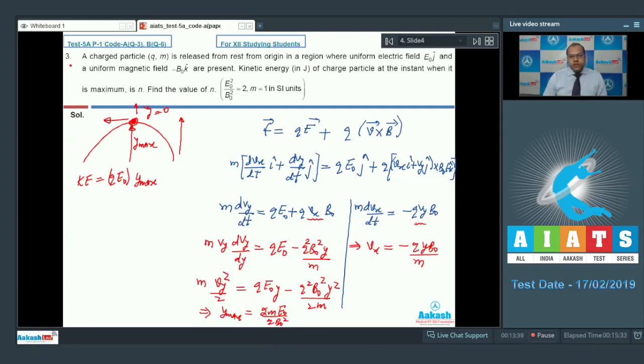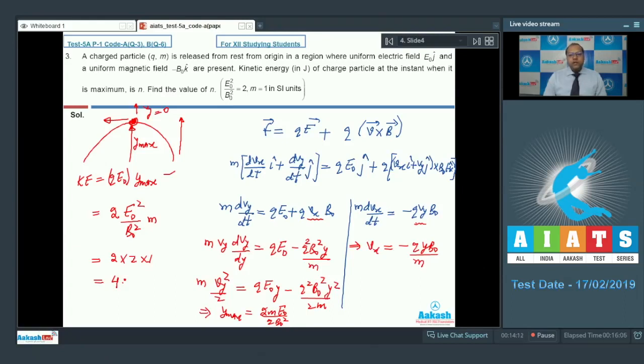If I substitute the maximum y coordinate here, I get the kinetic energy at that moment, which is equal to 2 into E0 square upon B0 square into m. If I substitute the data, this is equal to 2 into 2 into 1, so it comes out to be 4 joule. So the correct answer for question number 3 is 4.